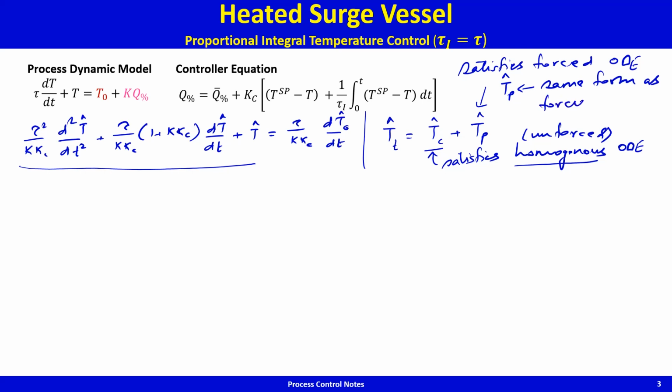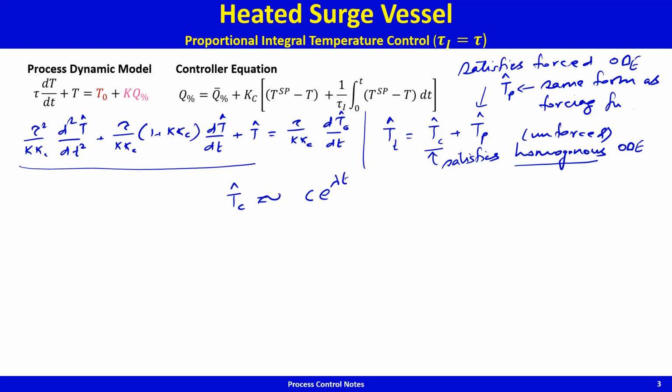The complementary part of the solution that satisfies the homogeneous ODE must have the form of some constant times e to the power lambda t. It must be of this form.